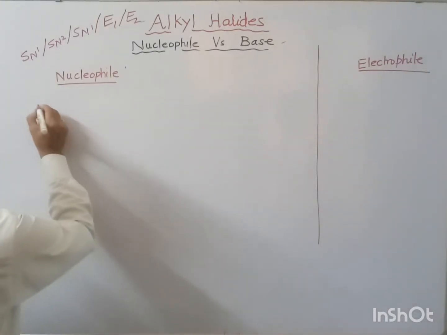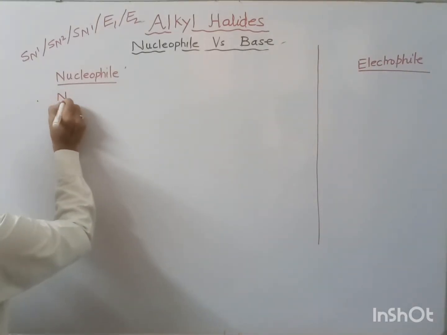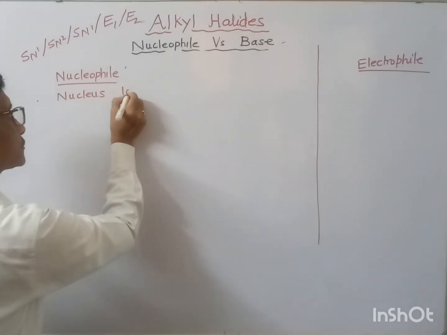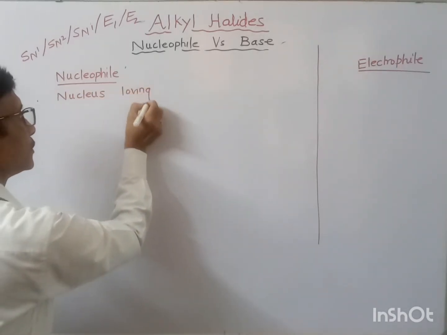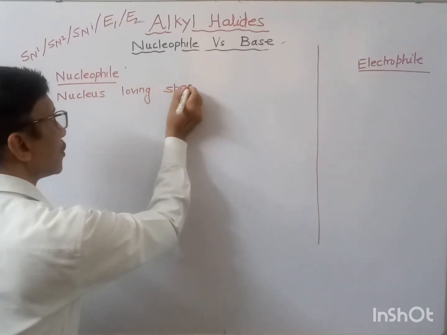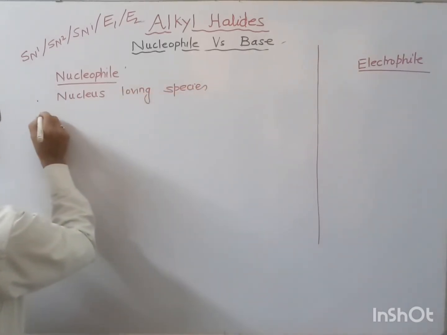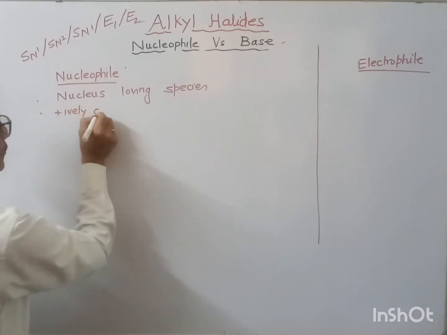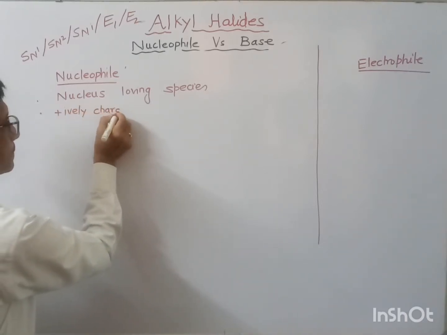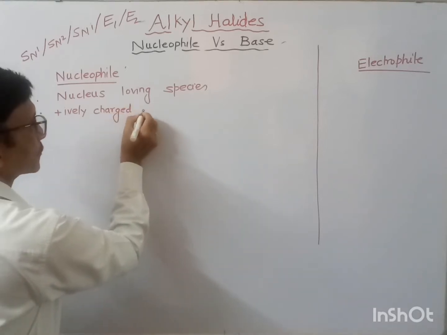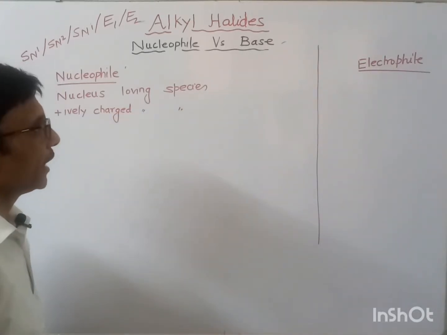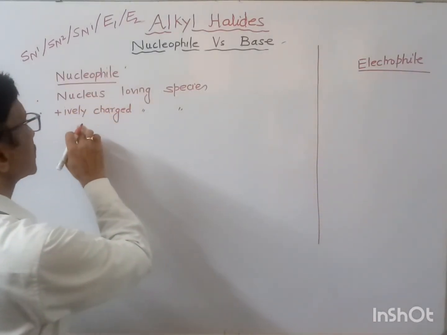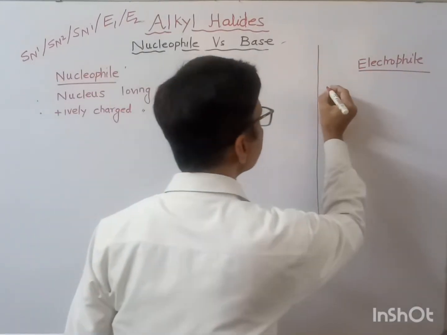All of you know, these are nucleus loving species, or we say these are positively charged loving species. And these are electron loving species. These are positively charged electron loving species.